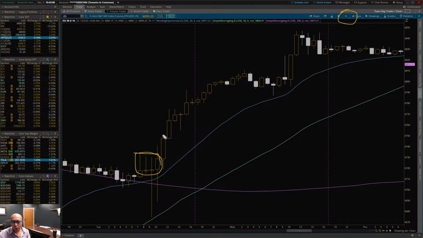Now, as this is forming in real time, right now this bar is forming an ignition bar. So, we're at 10:43. It started at 10 o'clock, and it'll go from 10 o'clock until 11 o'clock.